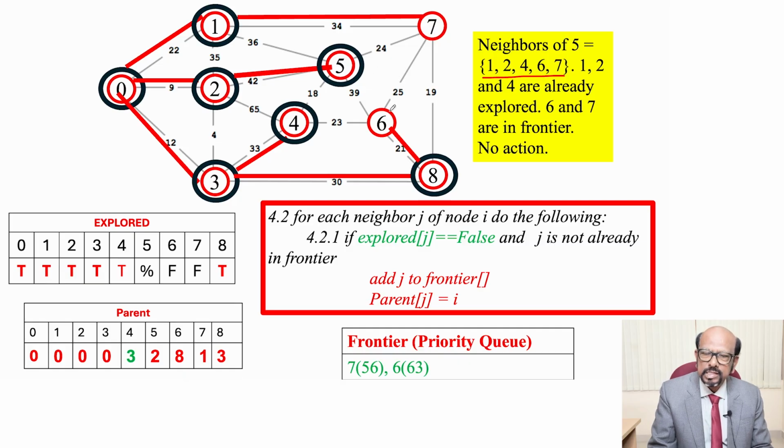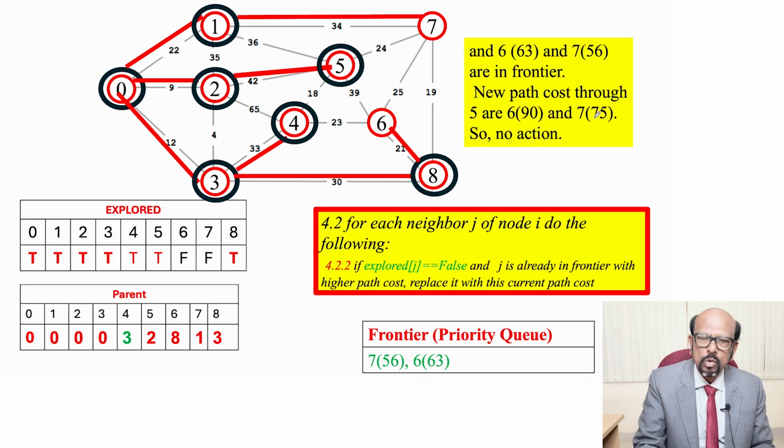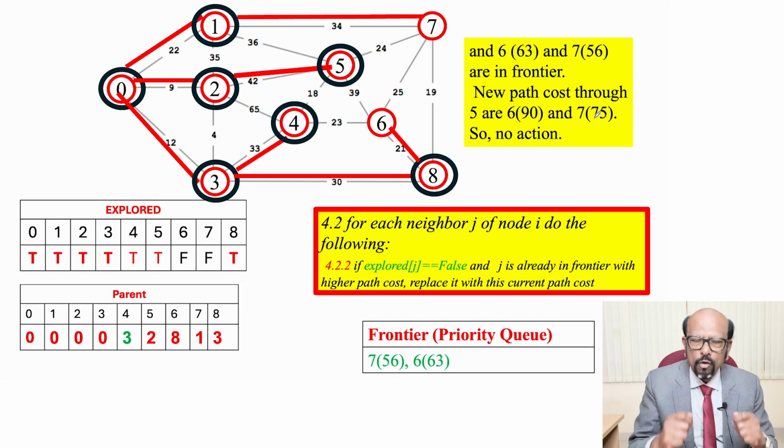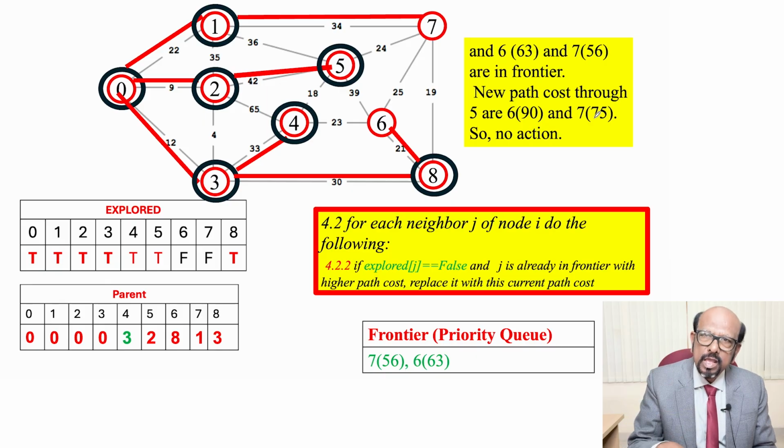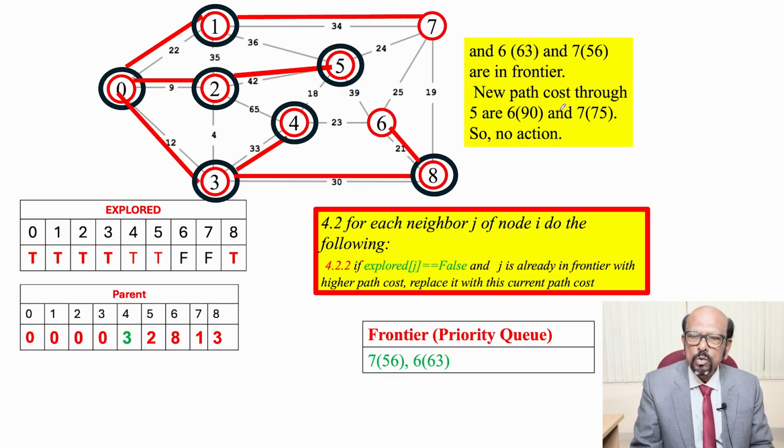Now, only 6 and 7, they are already in the frontier, so nothing can be added. So, no vertex is satisfying the two conditions. Now, let us go to 4.2.2. Is there any unexplored node in the frontier with a higher cost? Here, 6 and 7 are already there with 56 and 63.